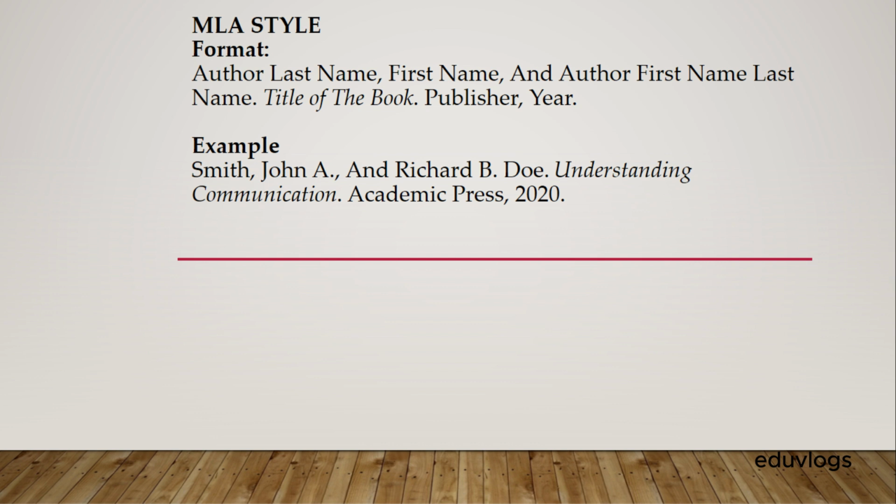Smith, John A., and Richard B. Doe. You can see that the two names are spelled out, then following one initial since they have two initials. So spell out one of the names and initialize one. Understanding Communication, that is the title of the book. Academic Press is the publisher. Then 2020 is the year of publication.